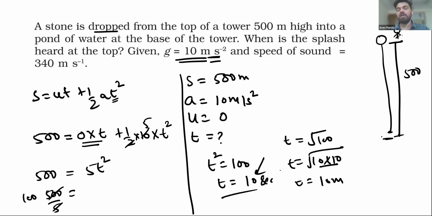Now you know that the splash is produced here and will take some time to reach this point, and sound does not travel with acceleration. So how much time will the sound take to travel 500 meters if the speed of sound is 340 meters per second?